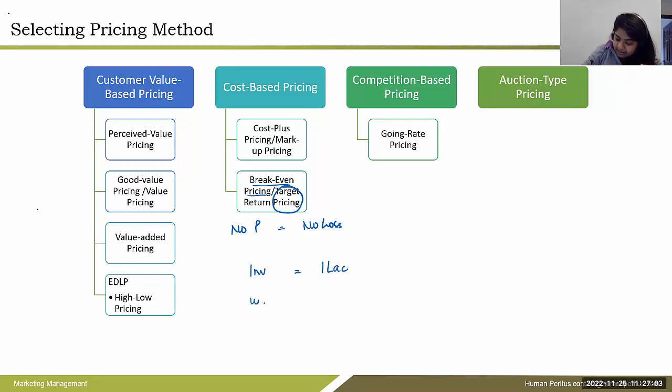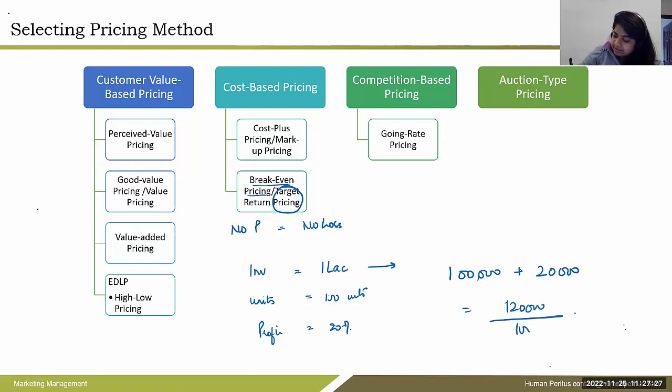I am making 100 units. I need a profit of 20%. So based on that, you decide a cost price, you decide the selling price. So 1 lakh is my cost. I need 20% as the profit, which is 20,000. So 1 lakh 20,000 is my total. I'm selling 100 units. So price of each would be 1,200.